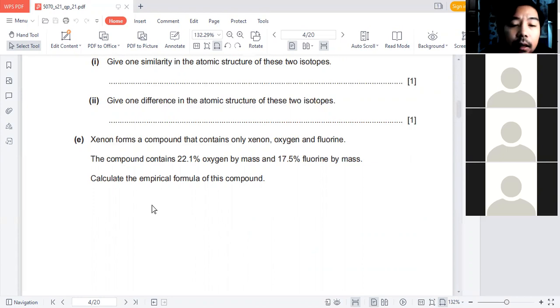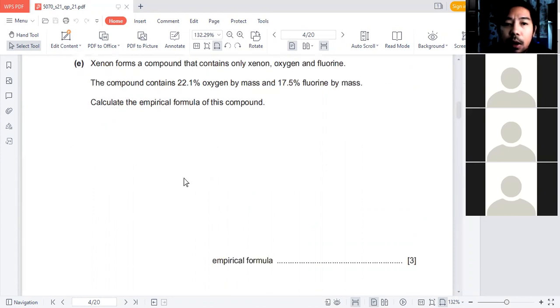Then, remember, I've always mentioned this, you can start with step number 1: list all your elements. So step number 1, list all the elements.